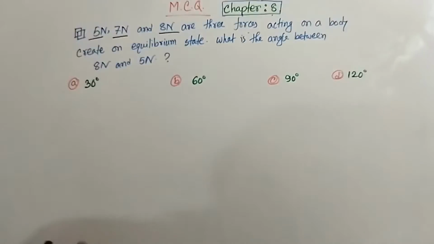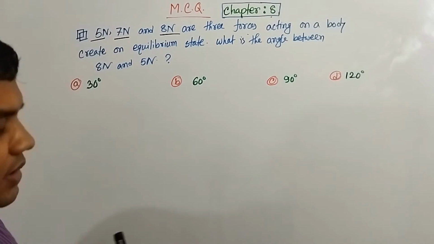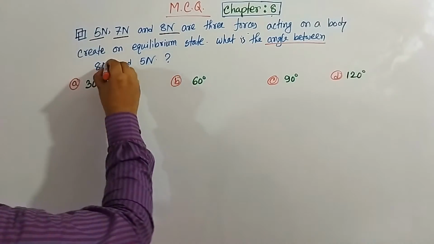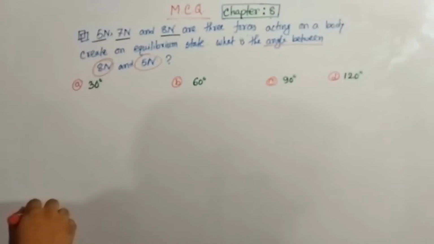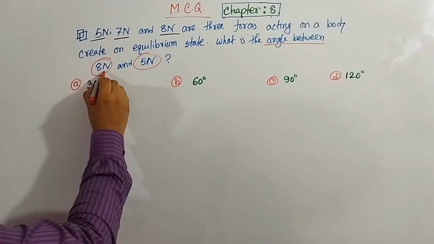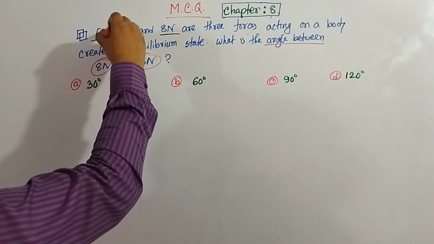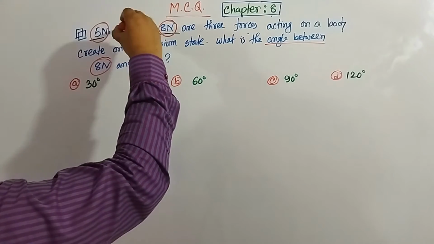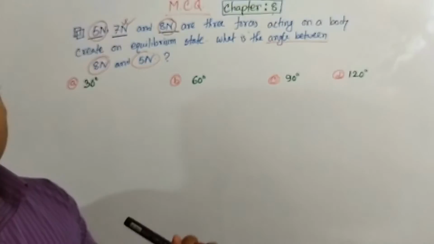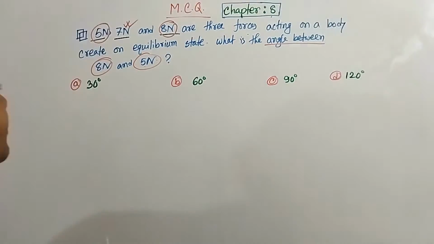We need to find the angle between 8 Newton and 5 Newton. Since we need to find the angle between these two, we are thinking about these two, and the third will act as their resultant. Then what will be the formula?